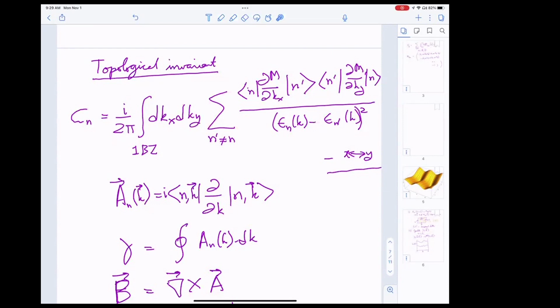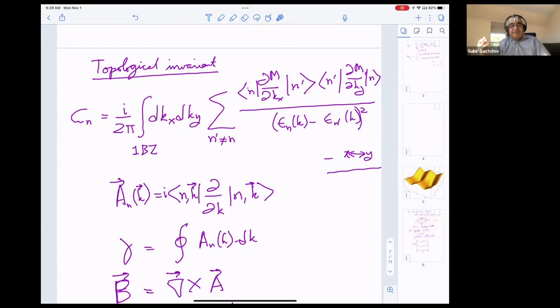Now you can ask another question. Suppose I vary the parameter as a function of time. That's the question Berry originally asked, but that's not the question we're asking. Then you compute the change in the wave function as you undergo a loop in parameter space.